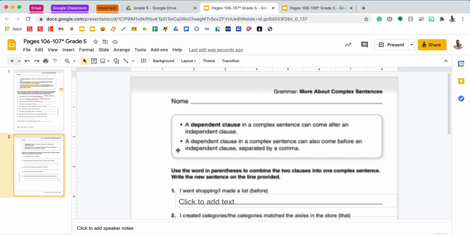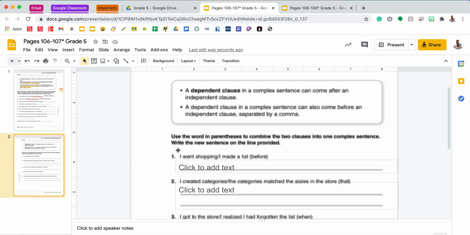On the next page, you're looking at more complex sentences. So the box at the top reminds us that a dependent clause in a complex sentence can come after an independent clause. A dependent clause in a complex sentence can also come before an independent clause and needs to be separated by a comma.